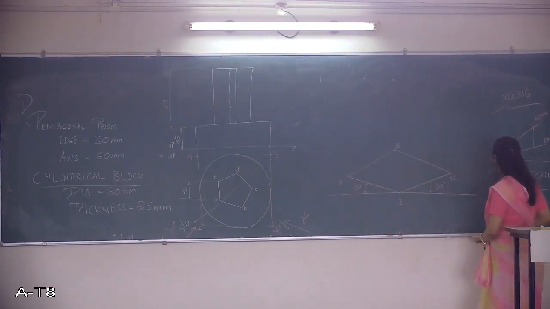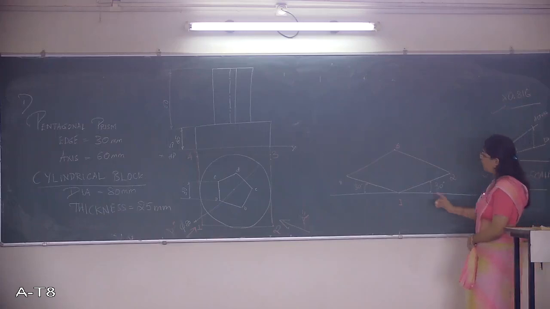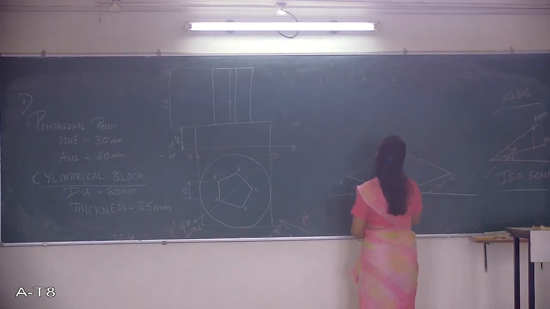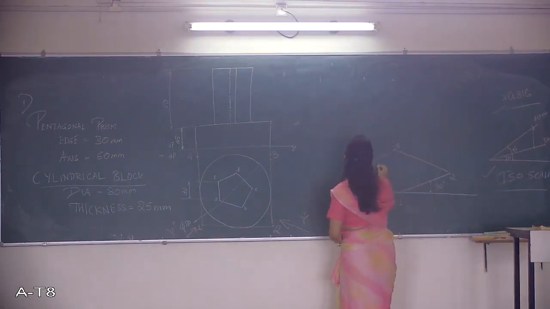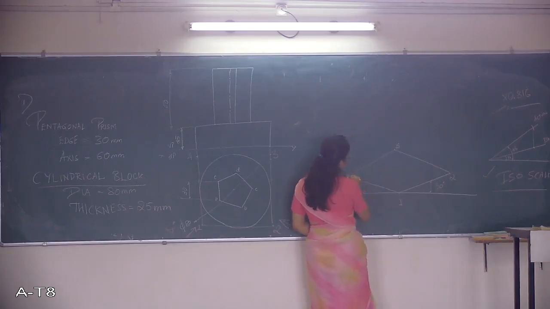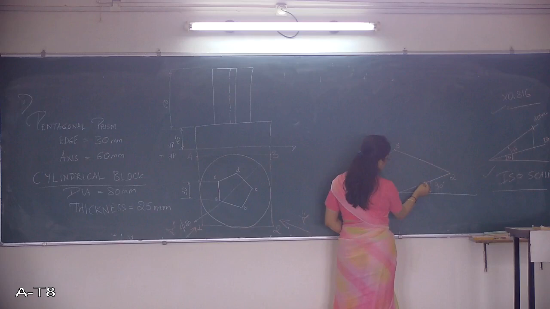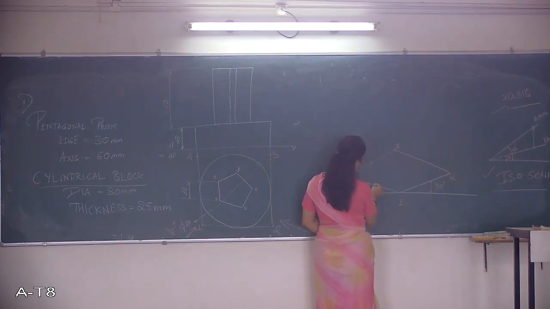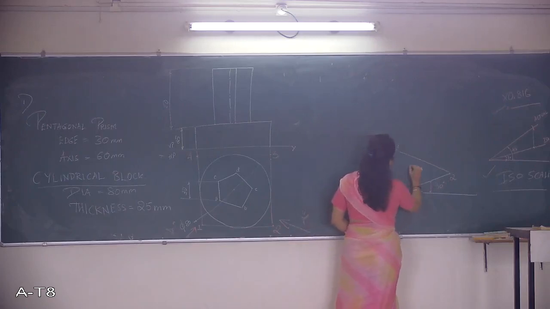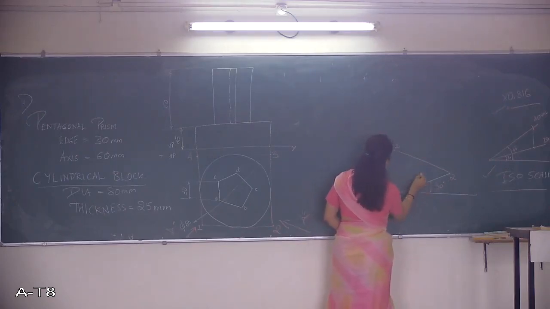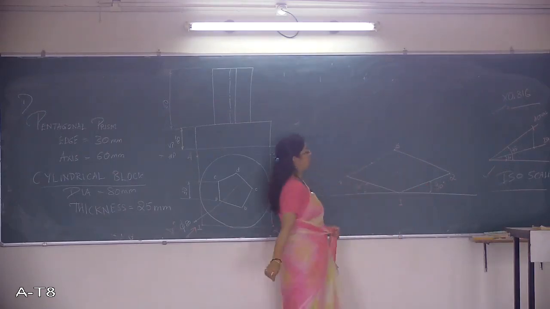To draw this, what do we do? First, this square that we have drawn, we are going to get the midpoint of it. How do you get the midpoint? You can get the midpoint of these 4 sides, join them to get the midpoint here.